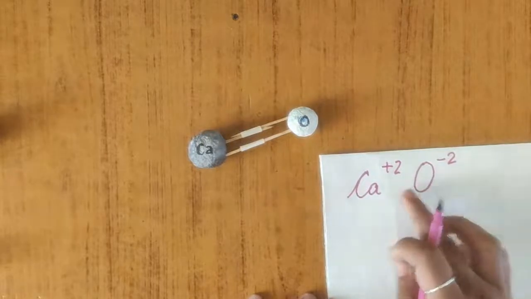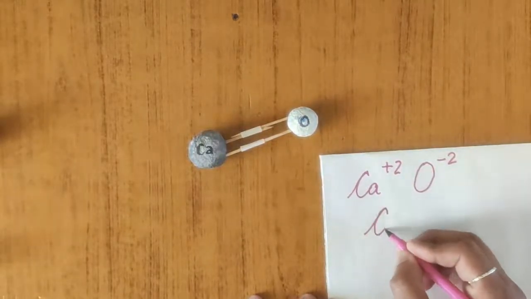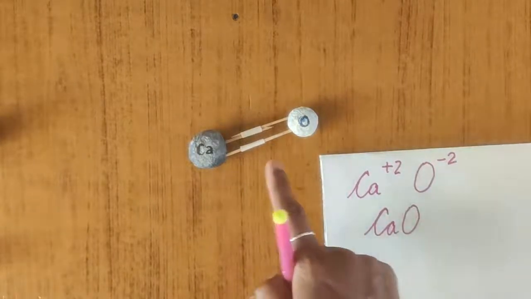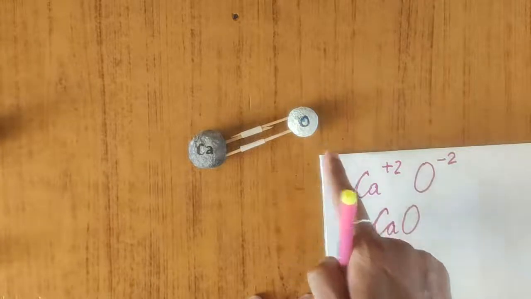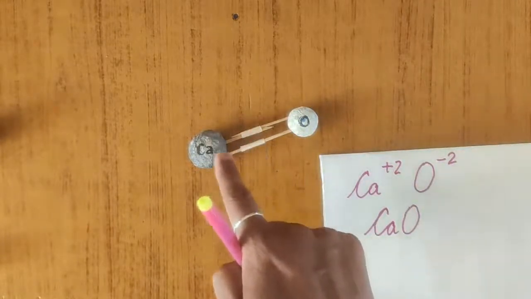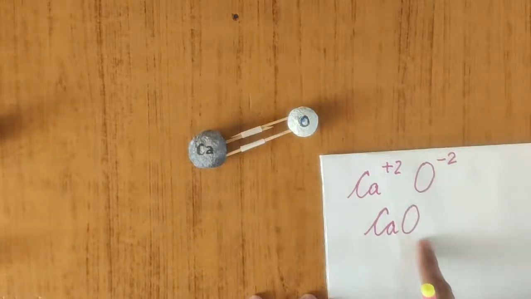The 2s will go for each other and they cancel out. So we have CaO, calcium oxide. We see only 1 calcium and 1 oxygen, and the 2s cancel out with each other. So we have CaO.